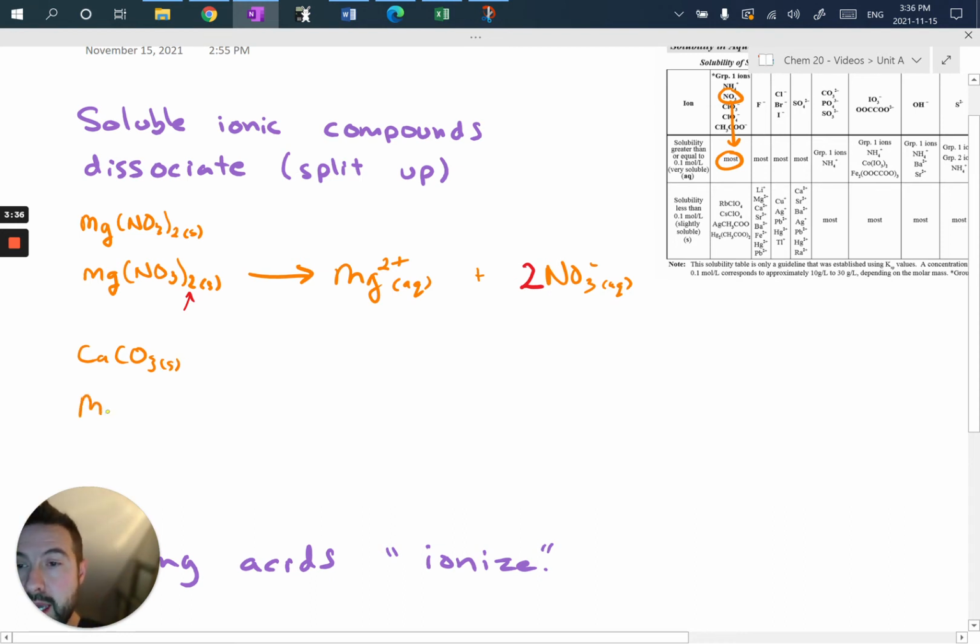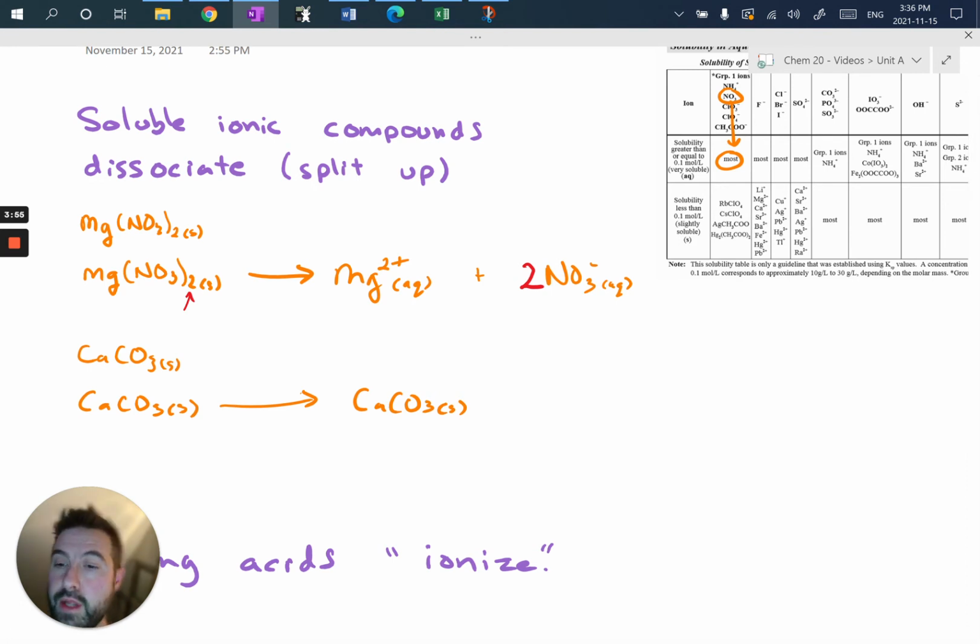And so my equation would look like this: calcium carbonate, solid, and then over here, nothing happens. Now some chemistry teachers might just say there's no reaction, there's no dissociation, there's no equation. You might see this also. Well, we're solid on the left, we've been added to water, we're still solid because we have low solubility, we didn't dissolve.